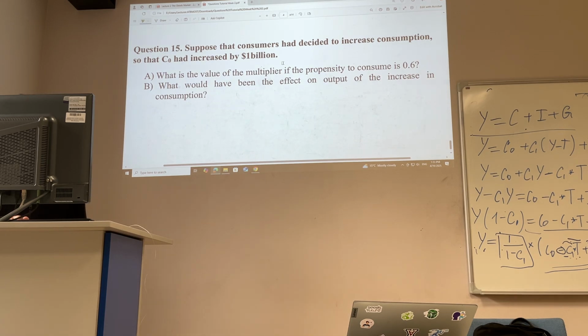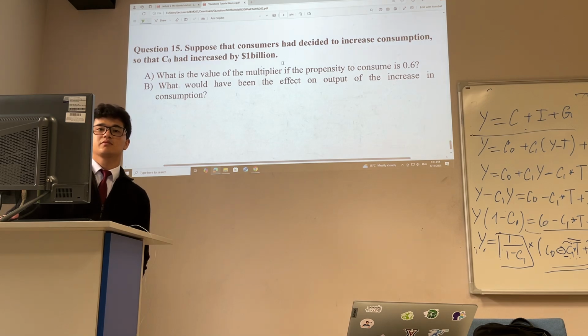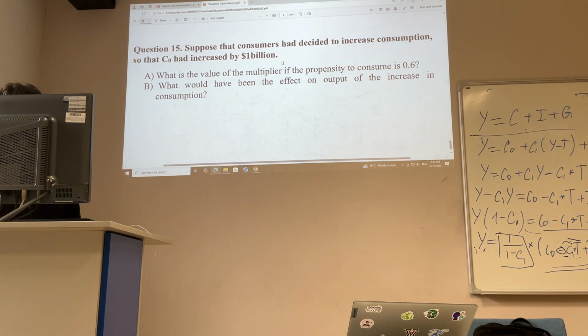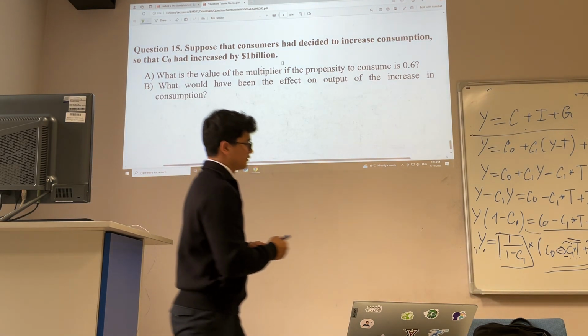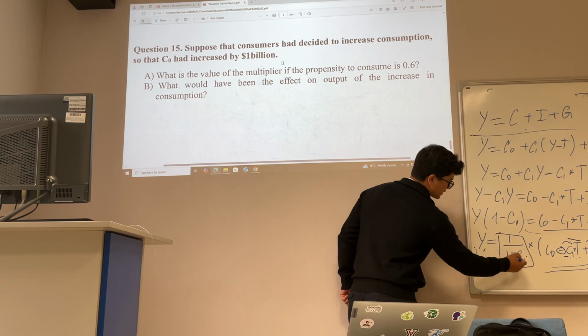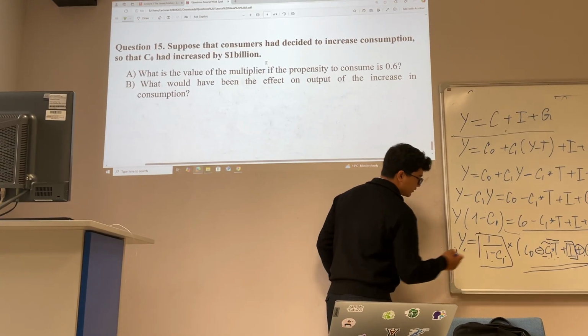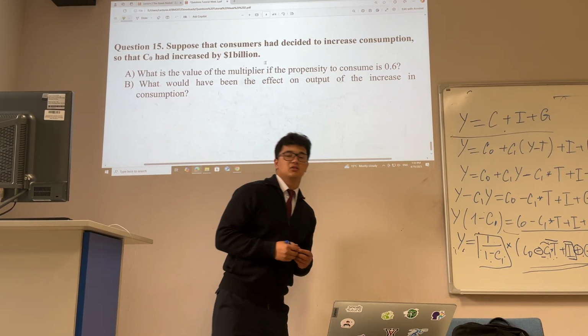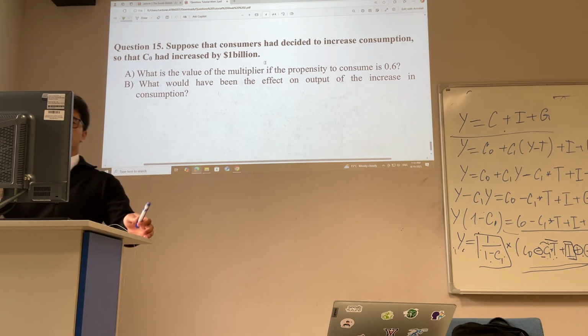So 2.5. Multiplied by 1 billion, because we have a change. So our multiplier is equal to what? 2.5. If you put 0.4, 1 divided by 0.4 is 2.5. Our multiplier is equal to 2.5.